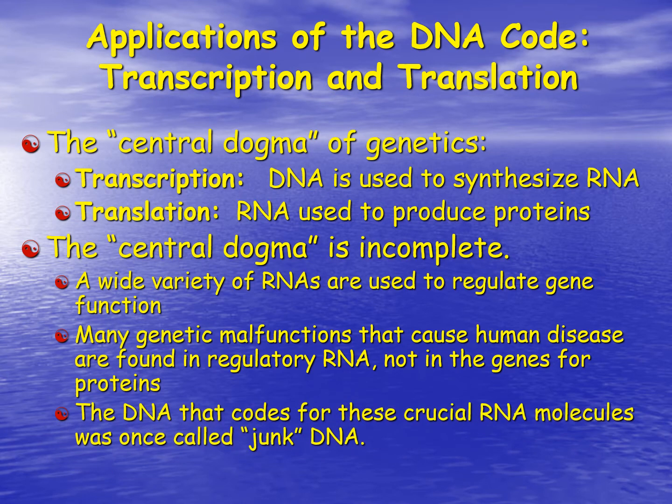And the DNA that codes for these crucial RNA molecules was once called junk DNA, or DNA that didn't code for any amino acid within a protein. We now understand, however, that these may actually be very important in regulating gene expression within eukaryotic cells.